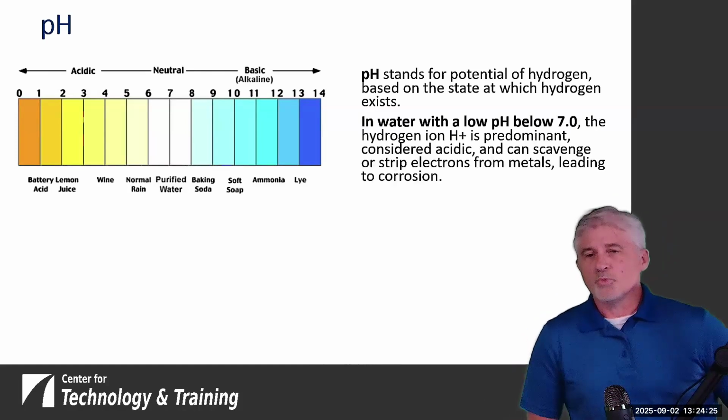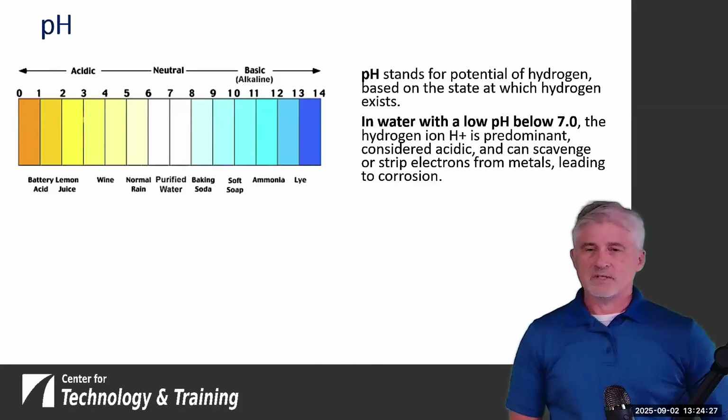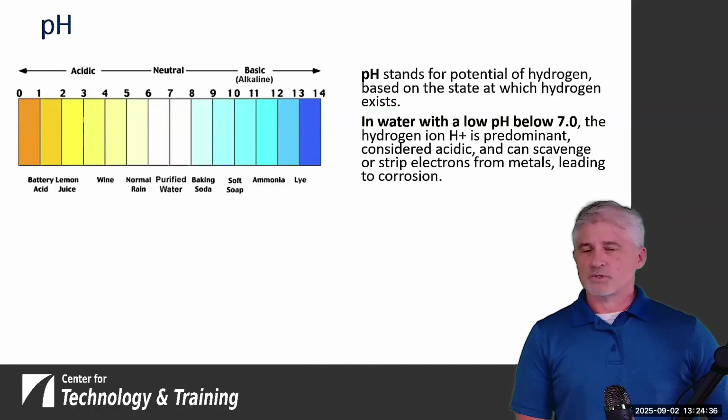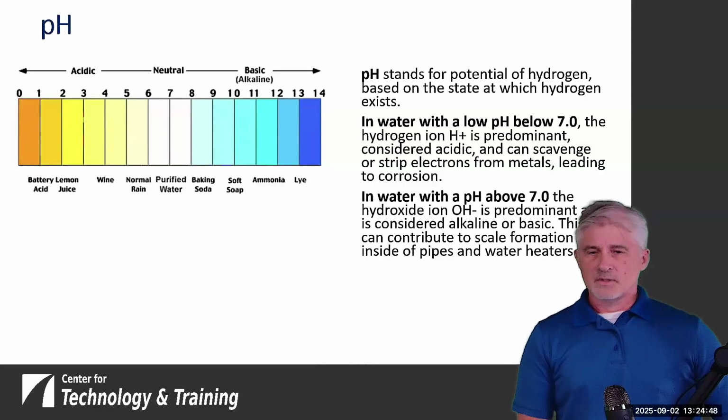So if we've got a water with a low pH, or a pH below 7.0, it's considered acidic. And acidic water can cause corrosion. It's important to remember when we get into why this is a balancing act. So acidic water can lead to corrosion.